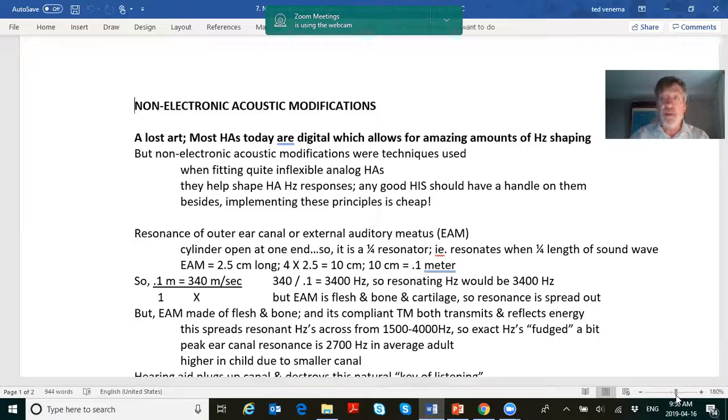In other words, we take the audiogram that might show hearing loss in the high frequencies and maybe good hearing in the low frequencies, and we'll make the hearing aid provide lots of treble amplification, high frequency amplification, and very little bass amplification. So like an equalizer, we can shape the frequency response of the hearing aid. In other words, we can shape the spectrum of sound that the hearing aid puts out. You can put out a broad, flat, like a white spectrum or a pink spectrum or whatever. You can shape the sound of hearing aids.